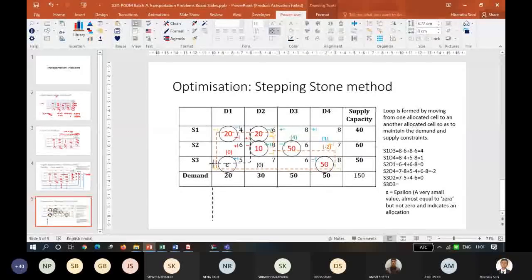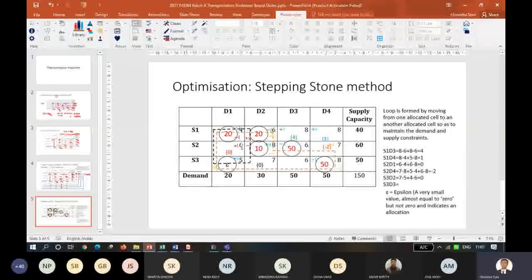Correct? Then the next would be from here to here. Correct? And then, is it fine? So +7 -5 +4 -6. Is it clear now for everybody? Yes, sir. Okay, good.